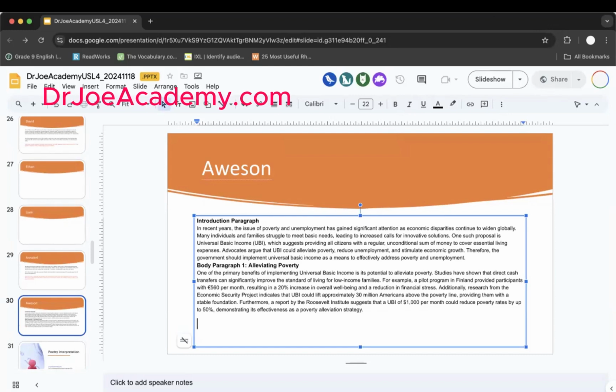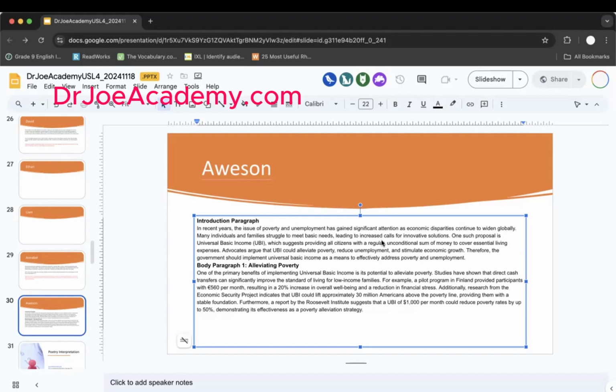Advocates argue that UBI could alleviate poverty, reduce unemployment, and stimulate economic growth. Therefore, the government should implement universal basic income as a means to effectively address poverty and unemployment.